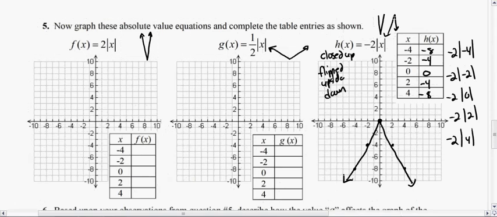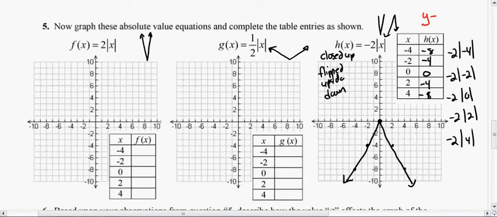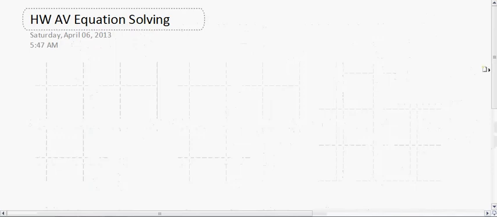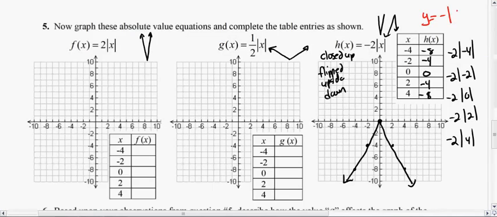So if I graph just y equals the absolute value of x, and I'll make it the negative absolute value, so it's also flipped. It's also the absolute value of x, but upside down.